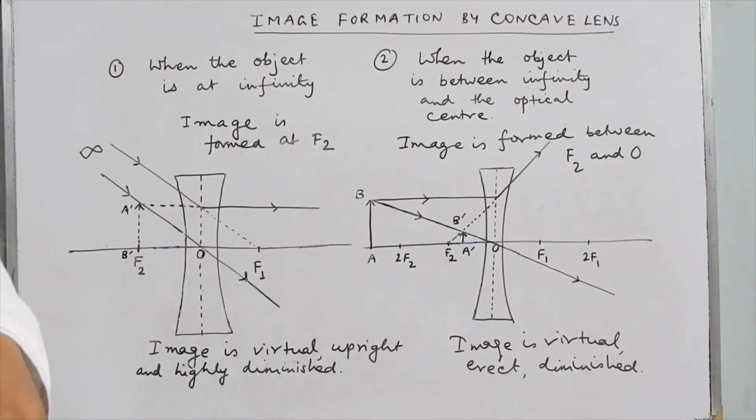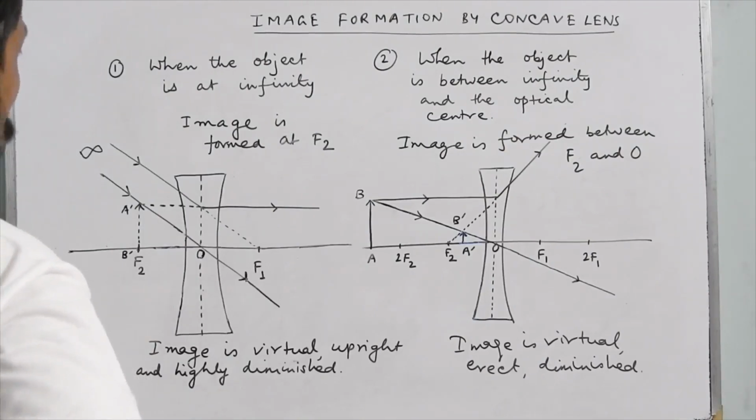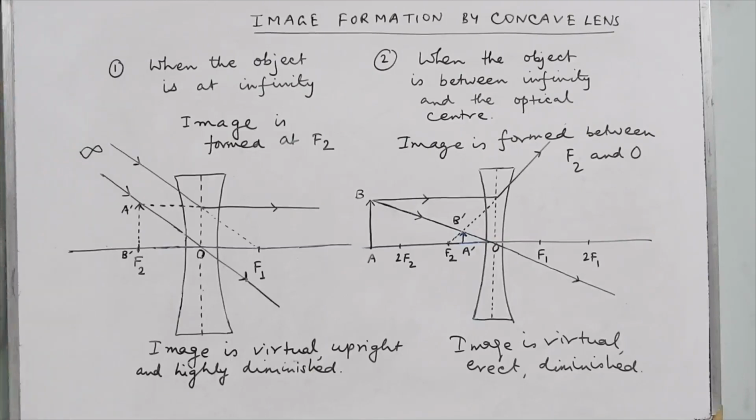As the object is gradually moved toward the lens, the image moves away from the focus. It becomes real, inverted and diminished, and if the object is at 2f, then the image is also at 2f. It is the same size as the object.